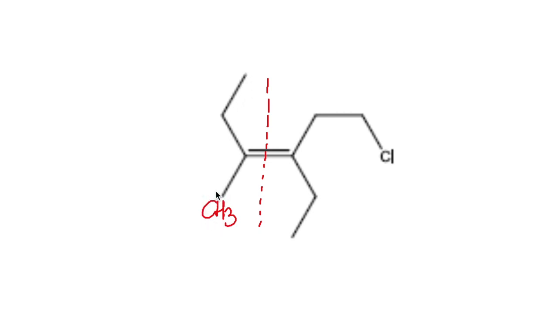So this first carbon is connected to H, H, H, and this first carbon connected directly to the double bond is connected to H, H, right? One H here, one H here, plus C. Because this one right here on the top is connected to a C, this will have the priority 1 and this will have the priority 2.